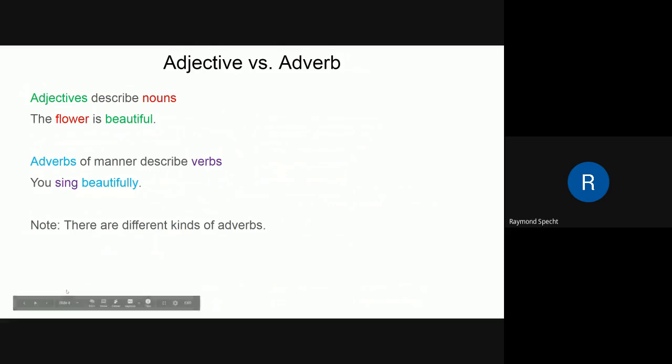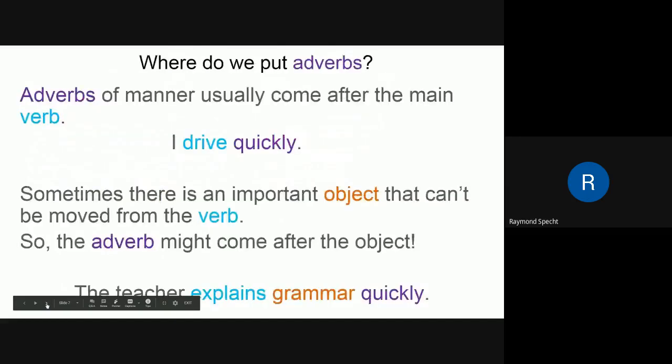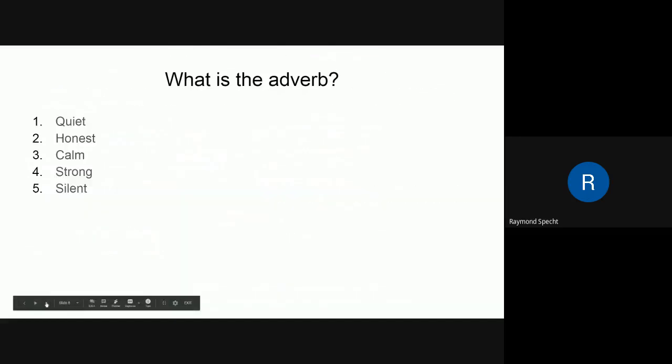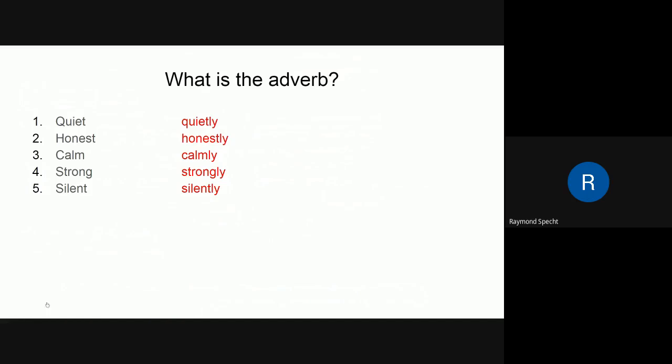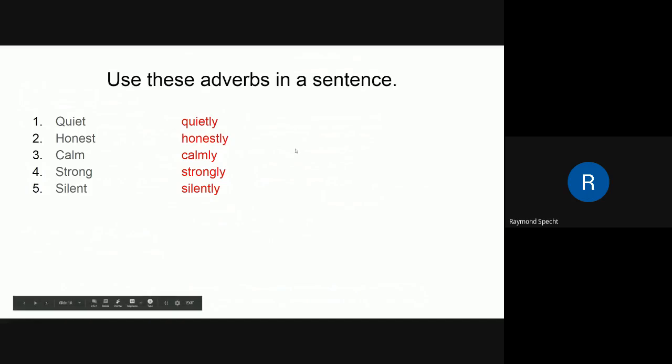So when you're making your sentence, you want to make sure your adverb is describing the verb. You guys take 5 minutes, make sentences for yourself using the adverbs, and then I will come back and give you some example sentences. And remember, yours are not going to be the exact same as the example. All right, 5 minutes.